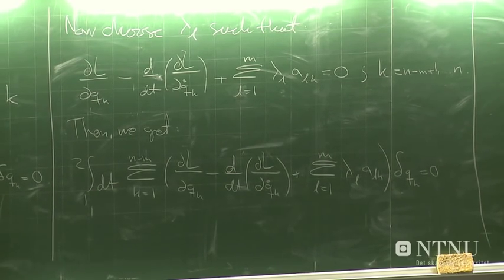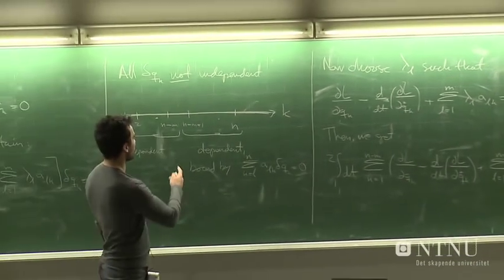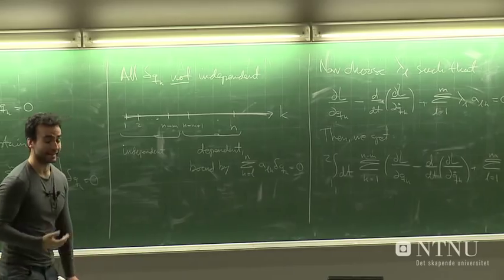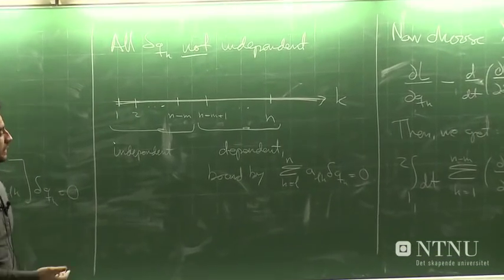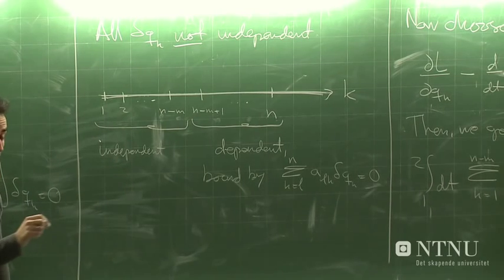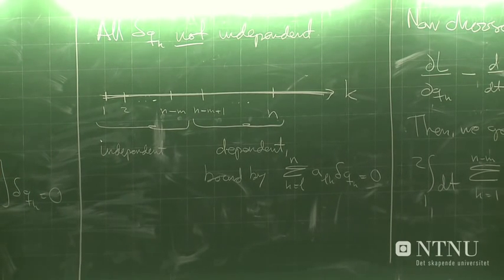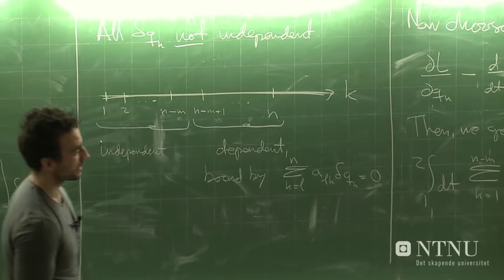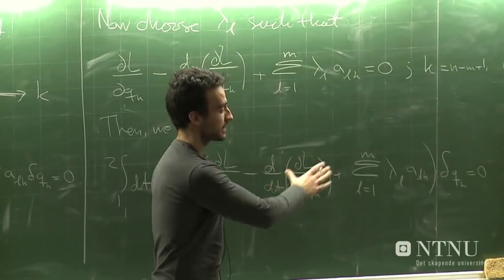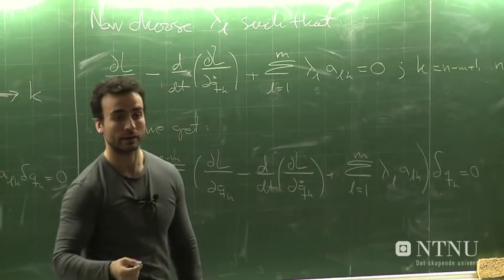And now we're back in business, because we know that all of these virtual displacements are independent of each other, the n generalized coordinates minus the m non-holonomic constraints. So this means that we can now set this term equal to 0 for each k, because they're all independent of each other.